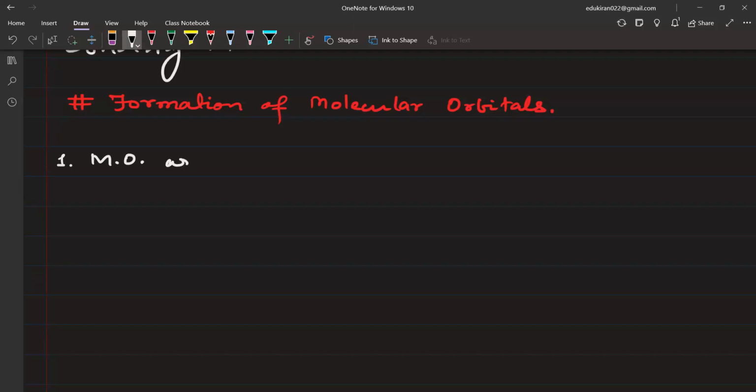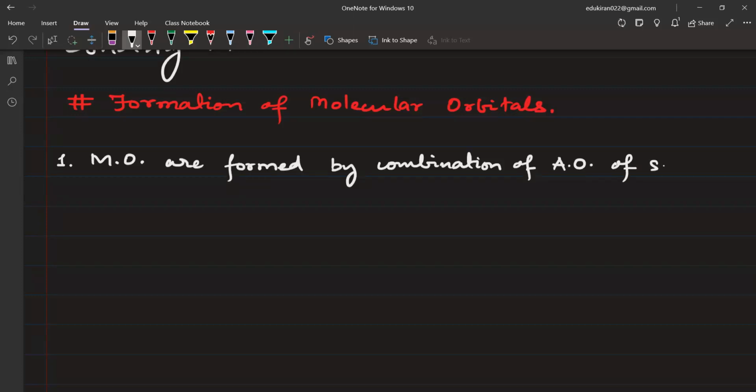Molecular orbitals are formed by combination of atomic orbitals of the same energy.